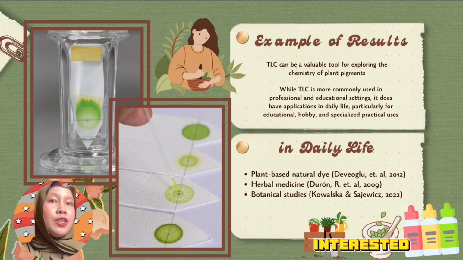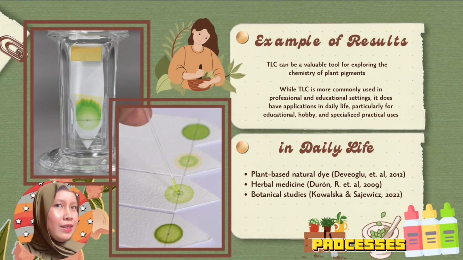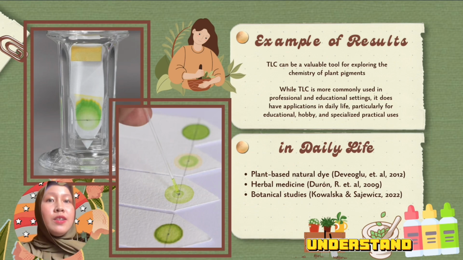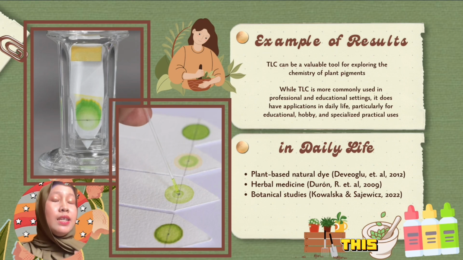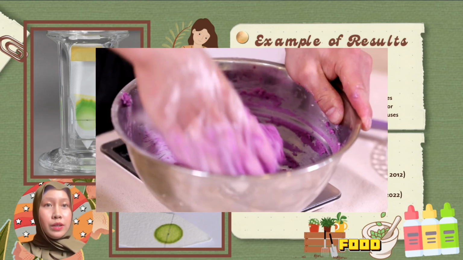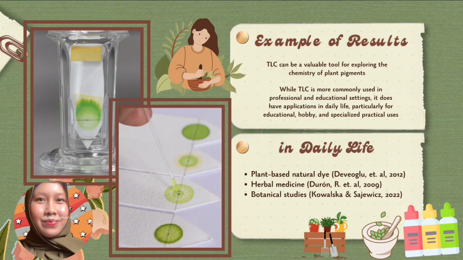First, those who are interested in natural dyeing processes can use TLC to understand the composition of plant-based dyes. TLC helps identify the different pigments present in plant extracts. This is essential for understanding the composition of natural dyes and their potential applications, such as in clothing, food coloring, and makeup.